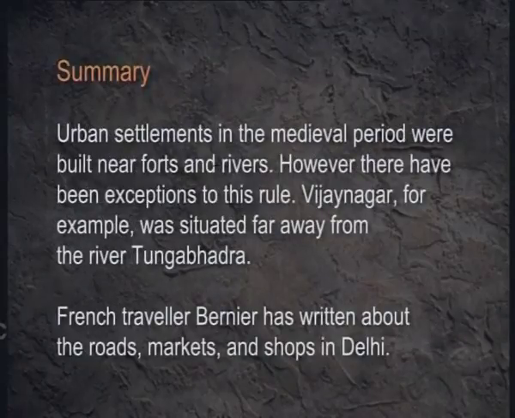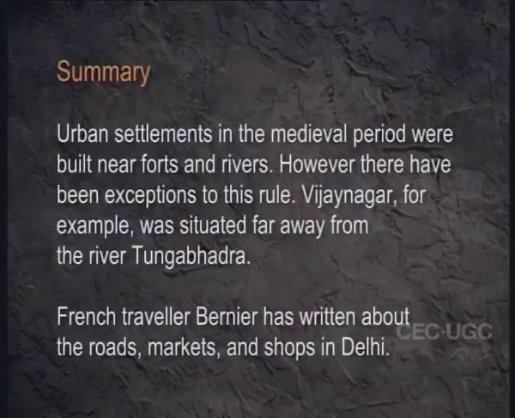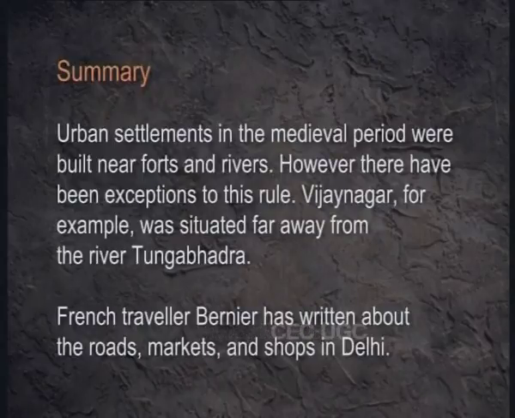Urban settlements in the medieval period were built near forts and rivers. However, there have been exceptions to this rule. Vijayanagar, for example, was situated far away from the river Tungabhadra.